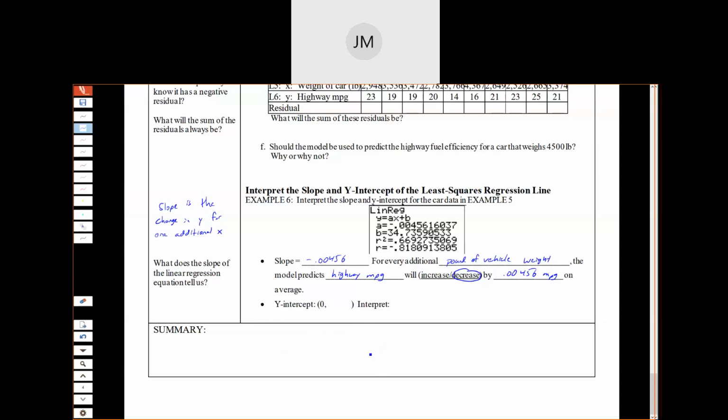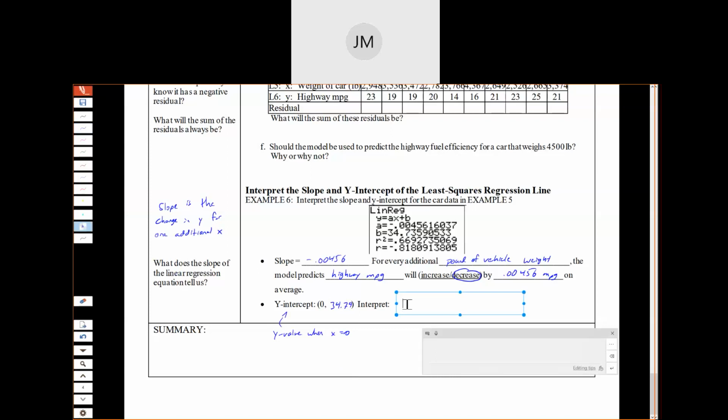The y-intercept is the y value when x is 0. Okay. In this case, my y-intercept is 34.74, we'll just write 74 because I'm out of space here. So to interpret that, I could say, well, the y value is miles per gallon and the x value is the weight of the car.